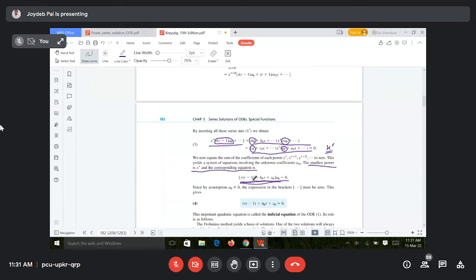So after comparing lowest degree term, coefficient of lowest degree term, देखो ये इक्वेशन जो नया मतलब जो रिलेशन मिला, लास्टली वो क्या है. It is a relation.